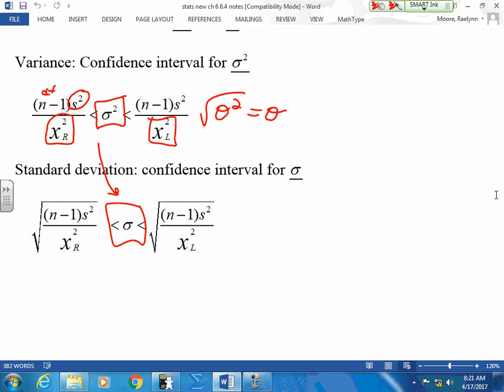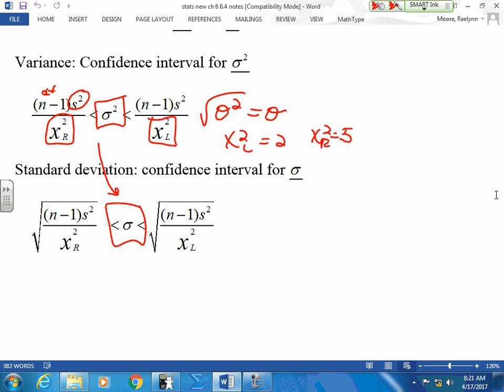Now, I want you to notice one other thing. You found your X2L, which is the smaller number, right? And the X2R is the larger number. In the formula, they put the X2R first. So say this. Say my X2L is just 2. Say my X2R has to be bigger, is 5.